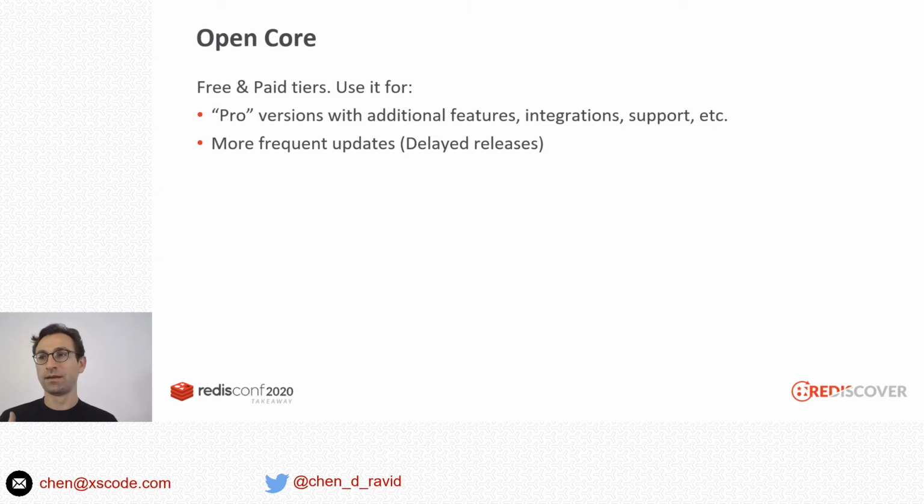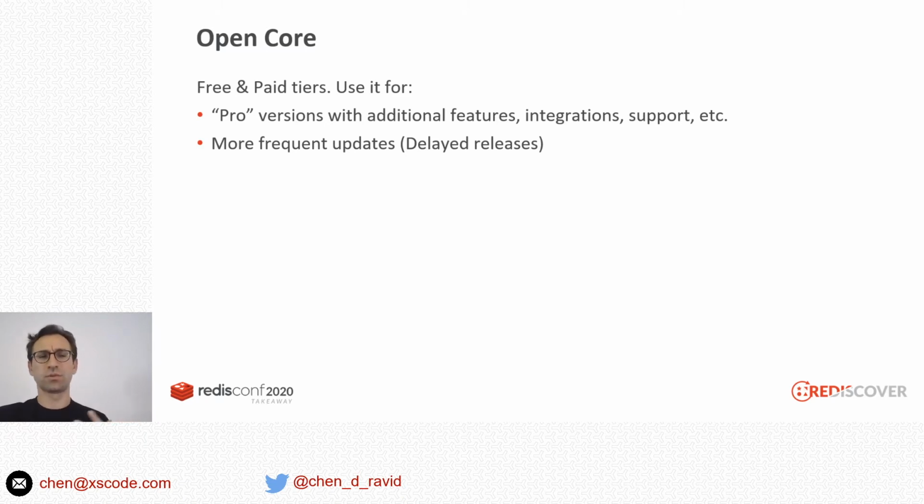For example, the free version is updated once a month, and the paid version is updated once a week, and that's great for CVEs or security issues. So that's also a great way of monetizing and offering value for people who pay.